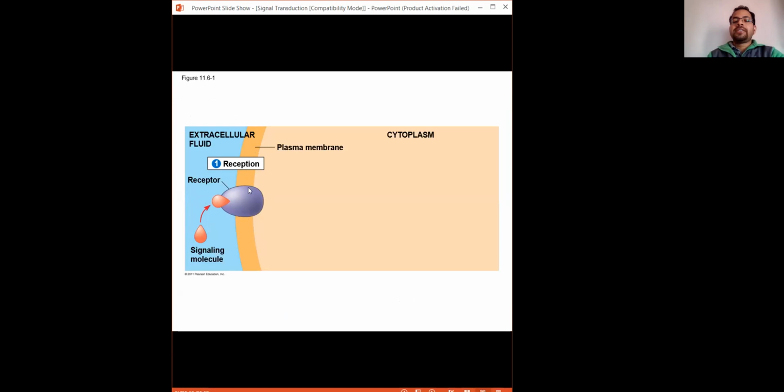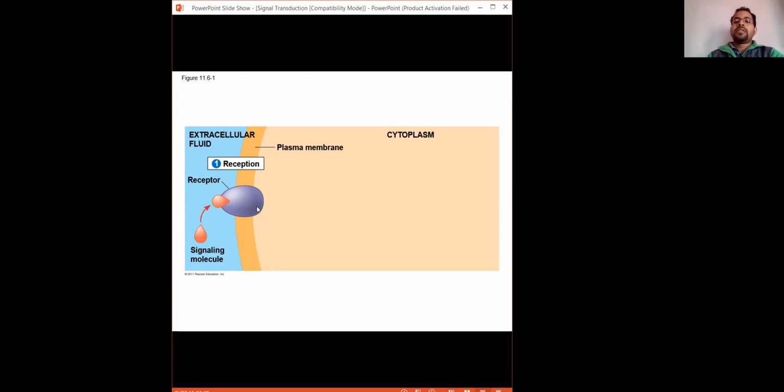Generally, this molecule is known as a receptor. Most of the time this is a protein molecule, and we are going to see what are the different kinds of receptors present on the plasma membrane. What are the different roles of this kind of receptor?